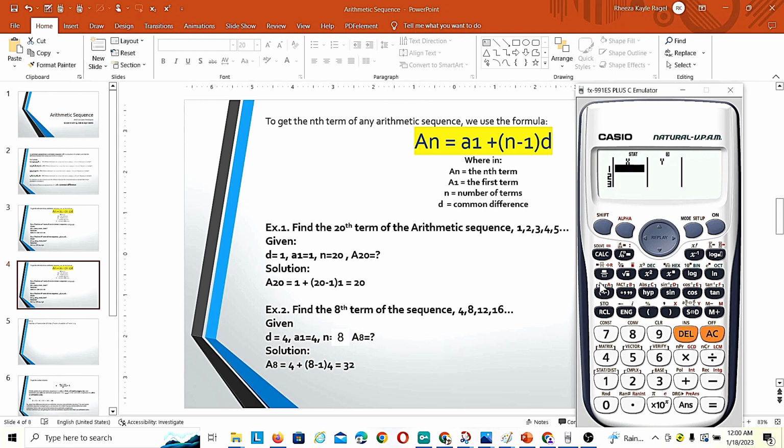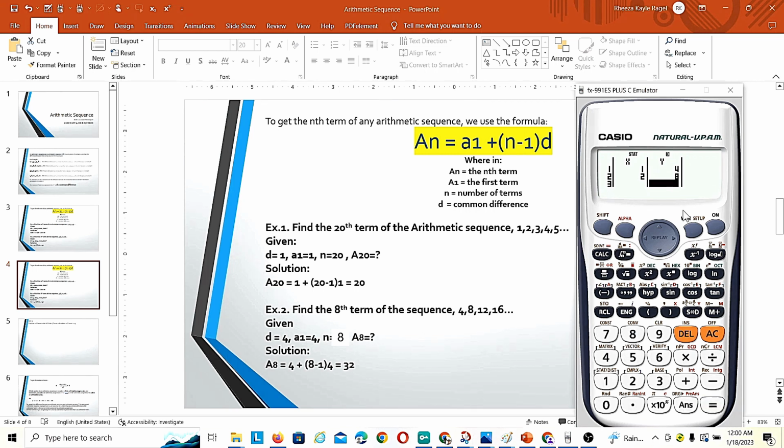Now, x pertains to the position. Again, this is the first term, or position number 1, and position number 2. Now, y pertains to the value of the terms in that position. So at position number 1, we have 4. The value of a1 is 4, and the value of a2 is 8.